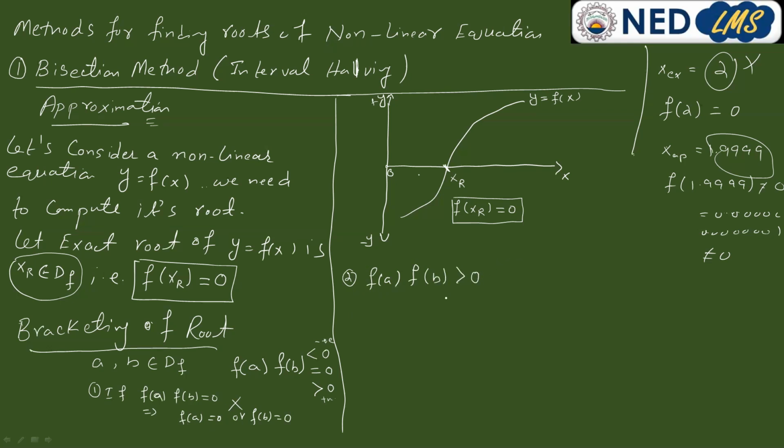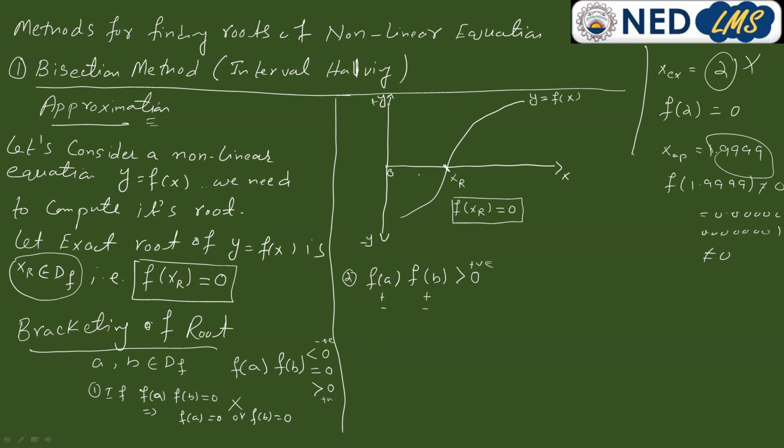If it is greater than 0, we know that both have the same sign, because we cannot get a positive value when f of A and f of B have different signs. The possibilities are either both positive or both negative.